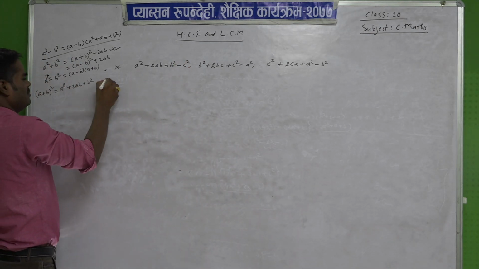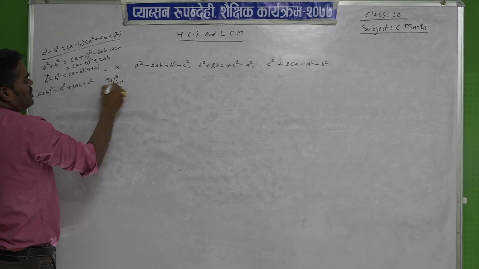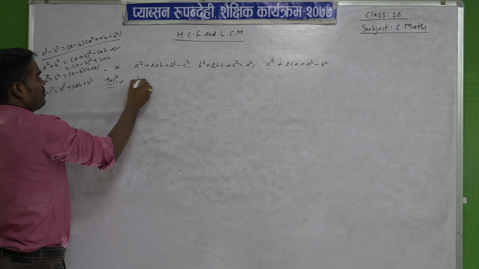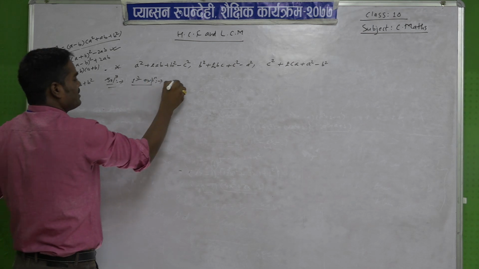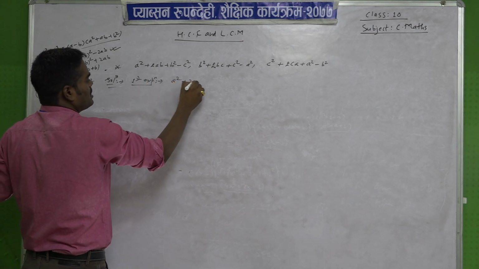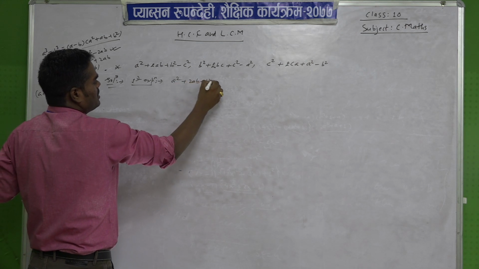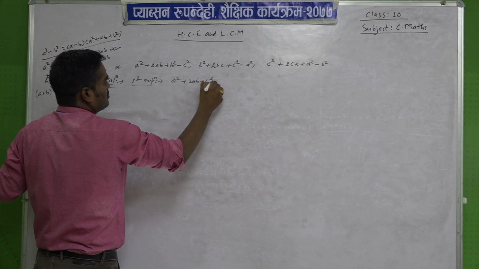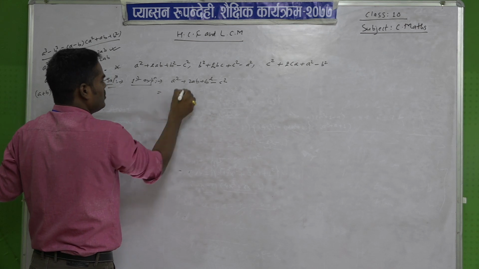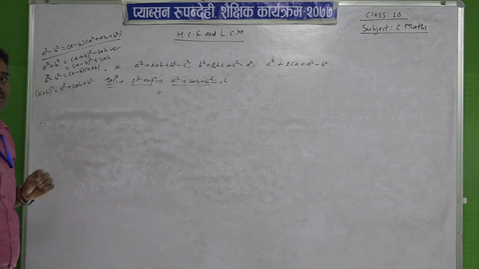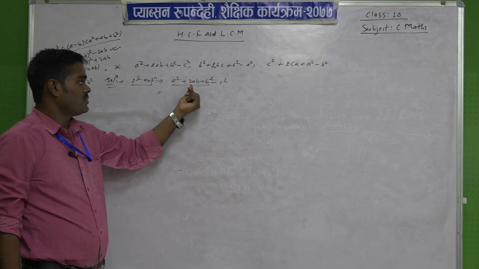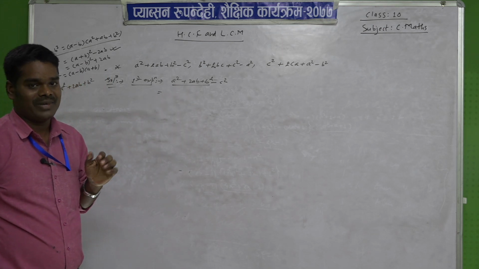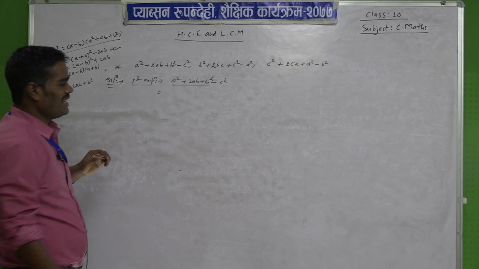So, like the same, what is given in the first expression? Very simple, a square plus 2ab plus b square minus c square. You know this is the formula, we can use the formula: a square plus 2ab plus b square means a plus b whole square.